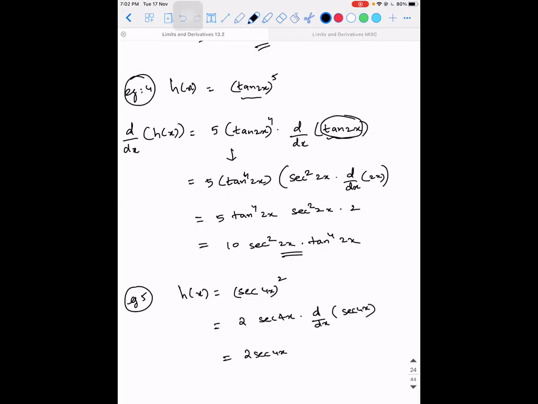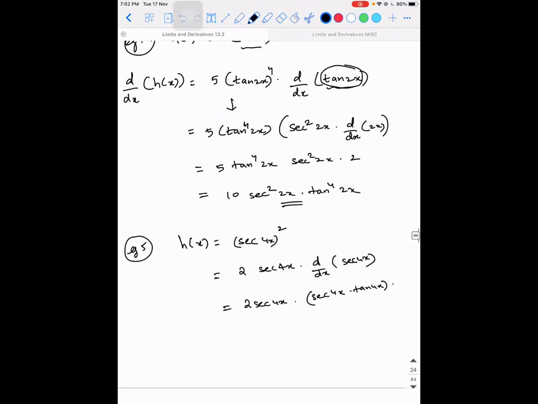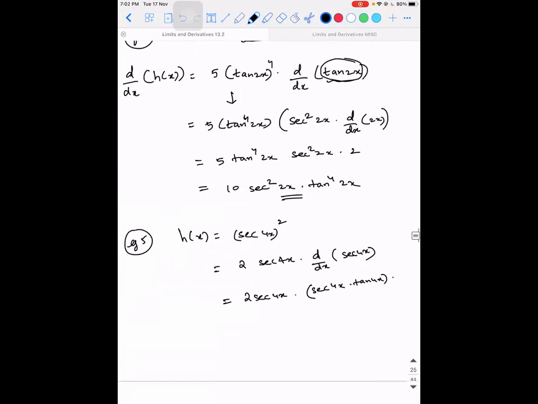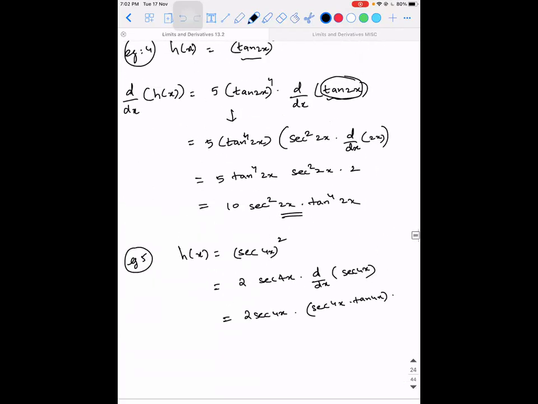So 2 secant 4x into derivative of secant 4x is secant 4x into tan 4x multiplied with. Did you understand why I wrote secant 4x into tan 4x? Because derivative of secant is secant into tan. Whatever is the angle inside, put it there. Into d by dx of 4x.